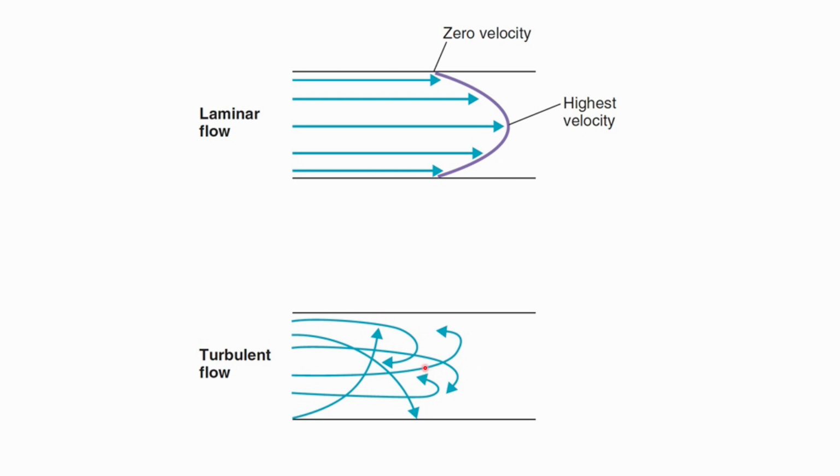And so there should be some sort of measurement to predict whether this flow will be laminar or turbulent. And this is what we call the Reynolds number, which basically compares the inertia and the frictional forces in the blood.